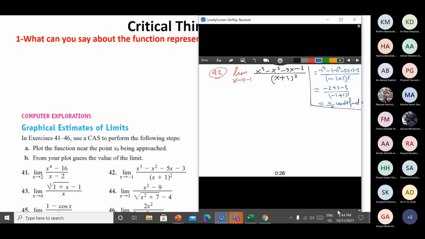I can factorize. How can I factorize this one? Can you help me to factorize this one? X cubed minus x squared minus 5x minus 3. I'm supposed to have x plus 1 squared with this one, right? But how can I do it? This is the main point. How can we get this one?